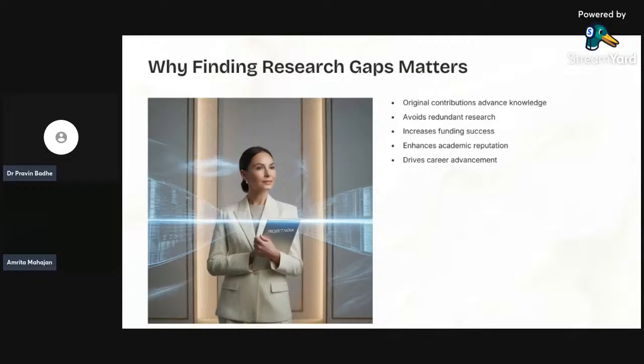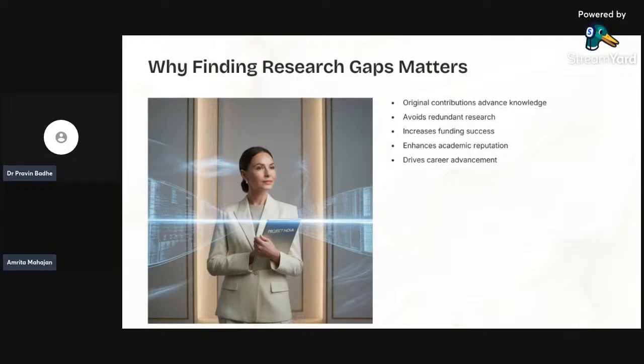This pushes the field forward by adding new knowledge, and it also helps in avoiding redundancies, preventing us from wasting time on research that has already been done. It helps with time management, and increases funding chances as well, making our project more appealing to grant committees looking for innovative ideas.